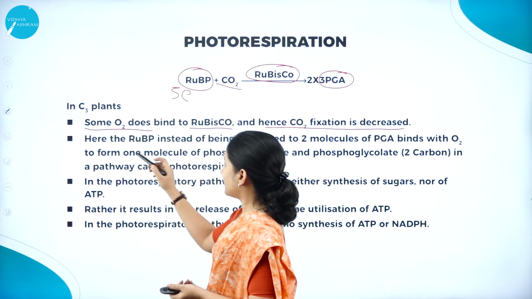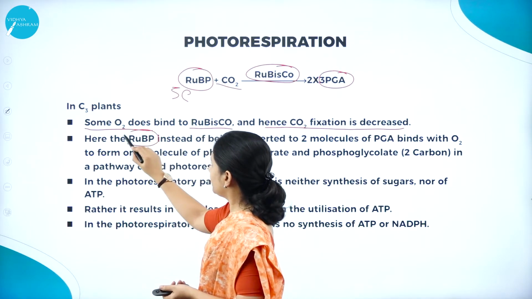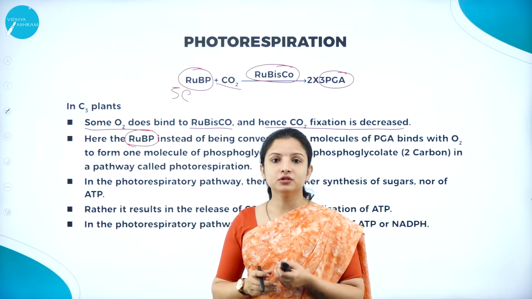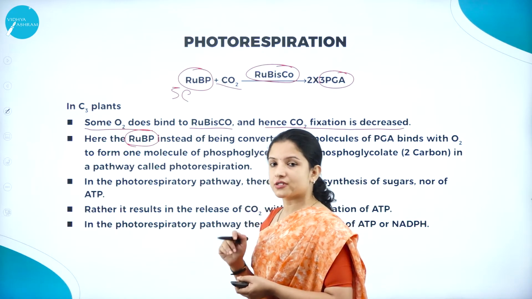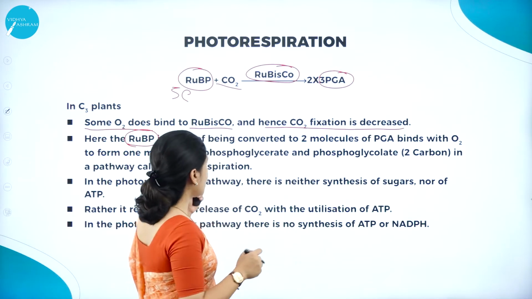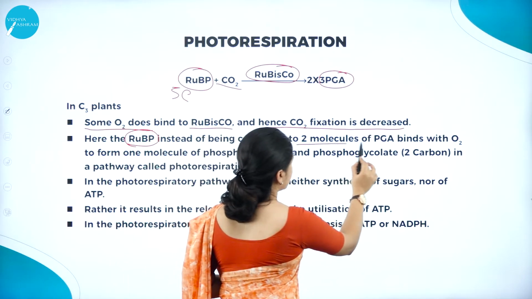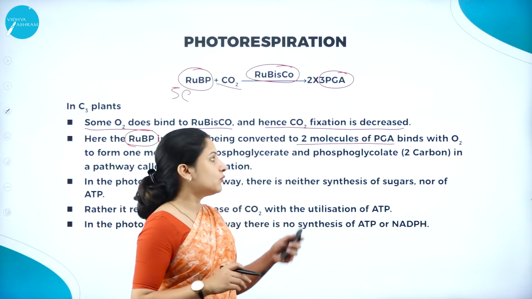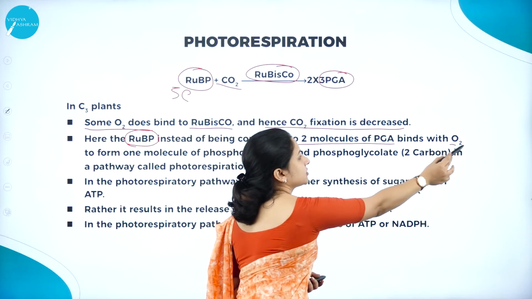So here, what happens? The RuBP, which is nothing but ribulose 1,5-bisphosphate, a 5-carbon compound, instead of converting into 2 molecules of phosphoglyceric acid, binds with oxygen.